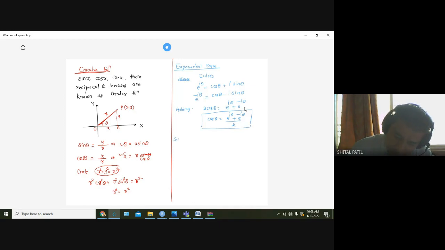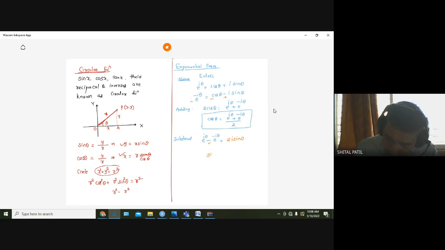Now if we subtract them, e raised to i theta minus e raised to minus i theta, subtraction. This sign will be negative that we have considered here, so cos theta minus cos theta will cancel, and this will be positive, so it will become 2i sin theta.